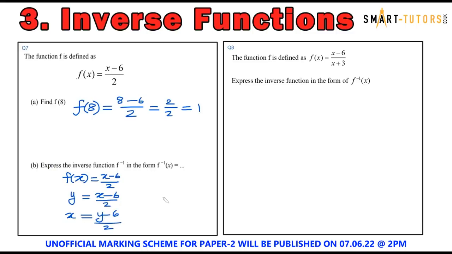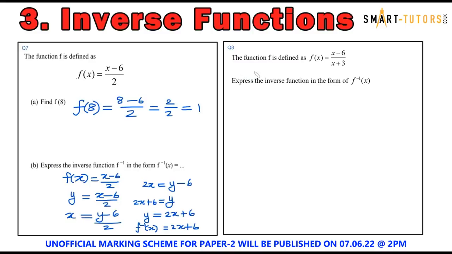You're going to cross multiply, so 2x equal y minus 6. So y equal, minus 6 goes to the other side, 2x plus 6. So the answer is y equal 2x plus 6. So y is the inverse function, f inverse x equal 2x plus 6. That is the answer for question number 7.